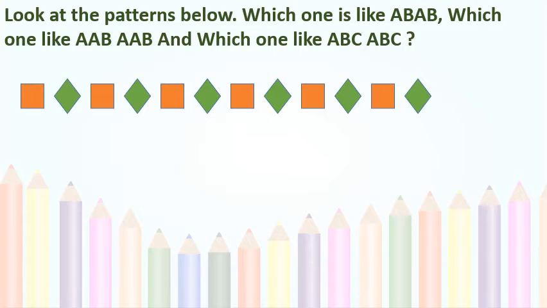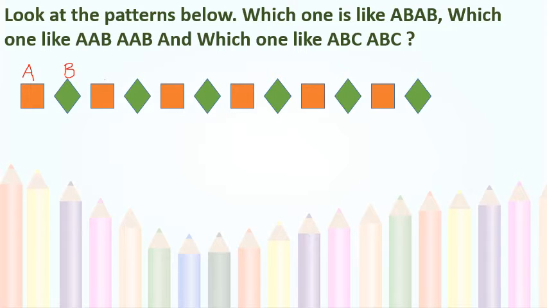Here we can see a rectangle or a quadrilateral, correct? A rectangle and a diamond. Again rectangle, again diamond, again rectangle, again diamond. If you think this rectangle as A, okay, and this as B, then go on repeating, here it is repeated patterns we can see.